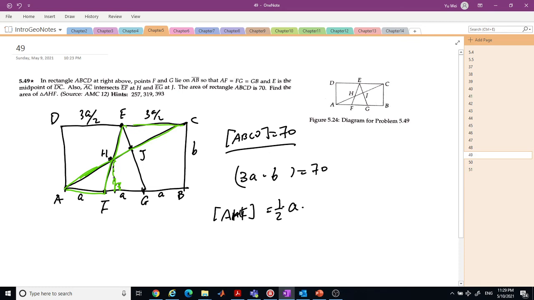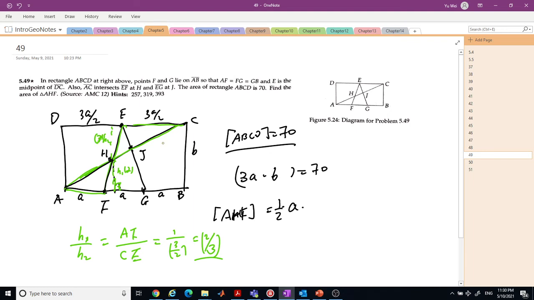So the height of this over the height of this is H1 over H2. H1 over H2 also equals AF over CE, which is 2 over 3, right? So H1 over H2 is 2 over 3. So this is the 2 piece, this is the 3 piece.